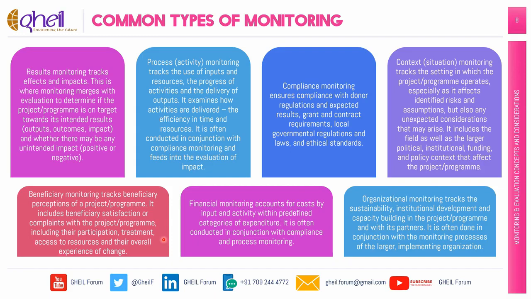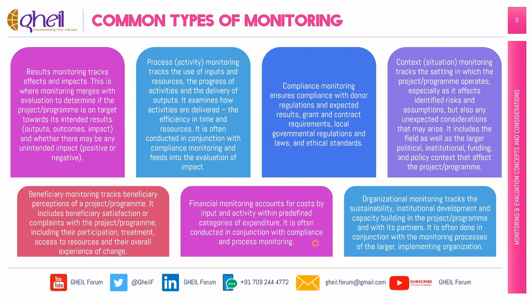For example, a cash-for-work program assisting community members after a natural disaster may monitor how they feel about the selection of program participants, the payment of participants, and the contribution the program is making to the community. For example, are these equitable?